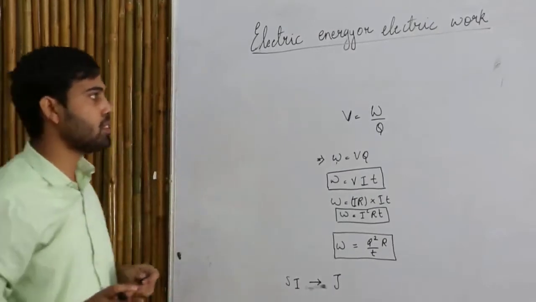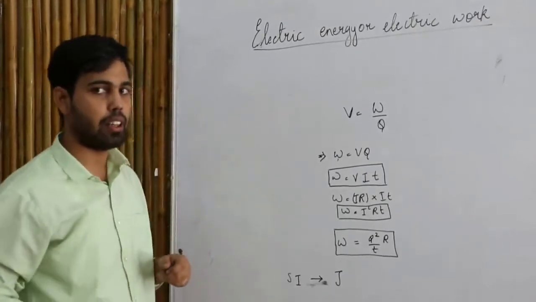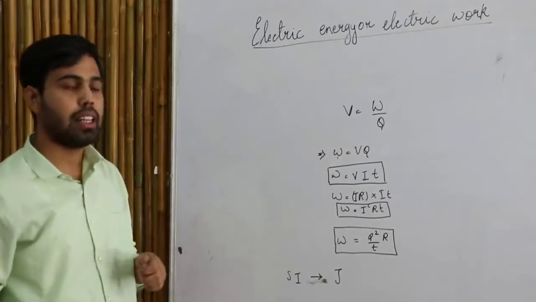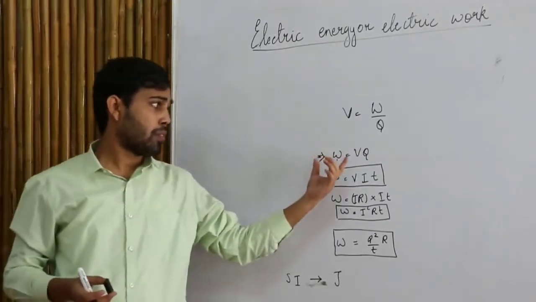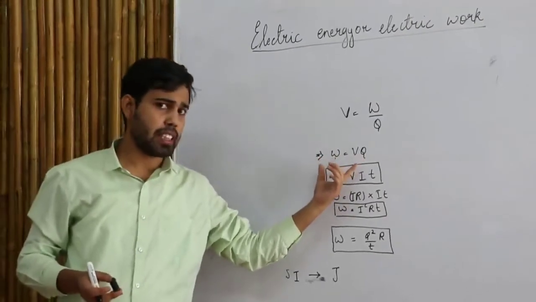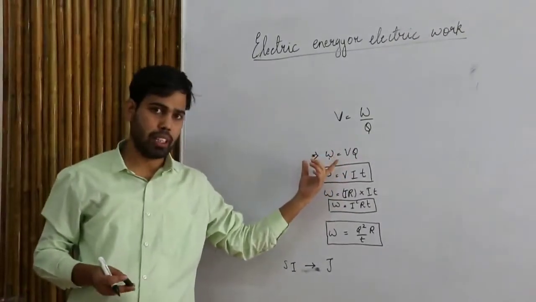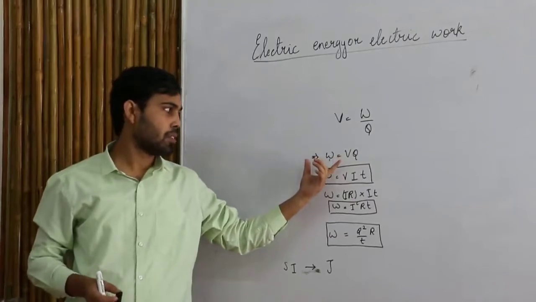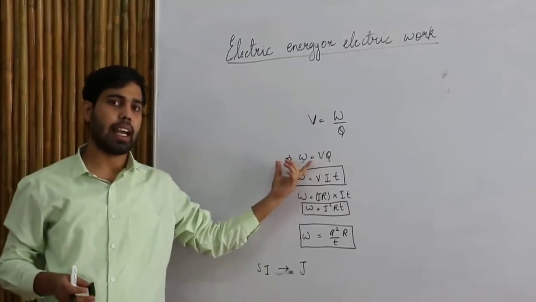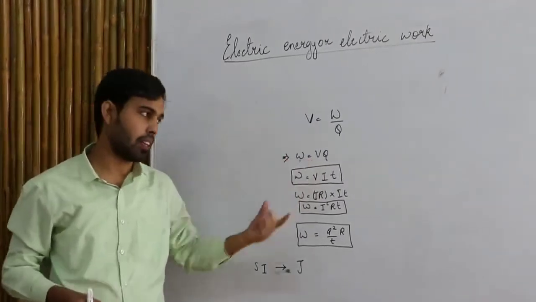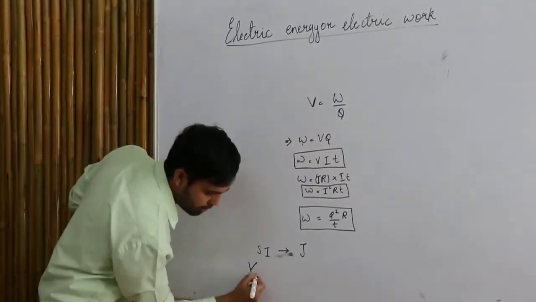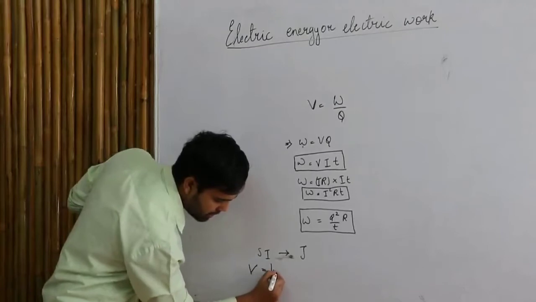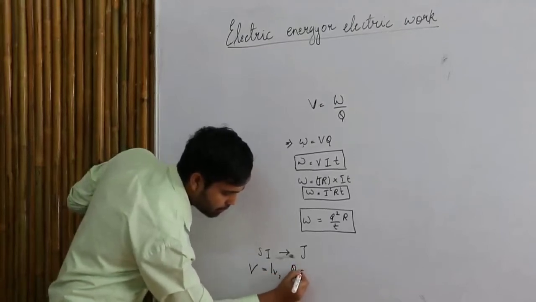Now, when is 1 joule of work said to be done? Or when is 1 joule of electric work said to be done? It is said to be done when 1 coulomb of charge flows through a conductor maintained at a potential difference of 1 volt. I am simply replacing the value of V by 1 volt and the value of Q by 1 coulomb.